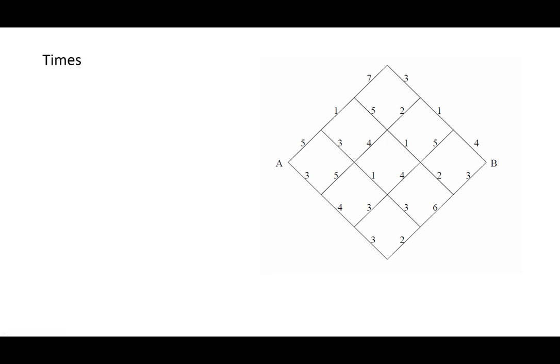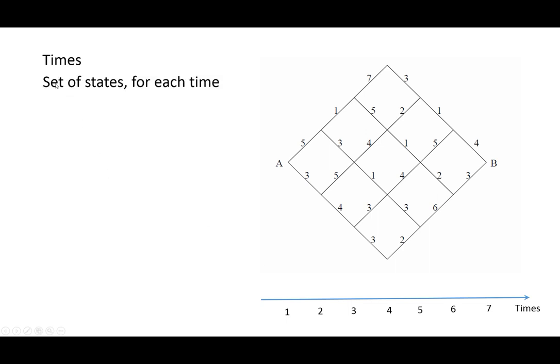First of all, we need to remember that this is a dynamic problem. If it is a dynamic problem, then there is time involved. Okay, so we have here a timeline and there are times indicated on it. For example, this is at point 1. For each of those times we have a set of states.